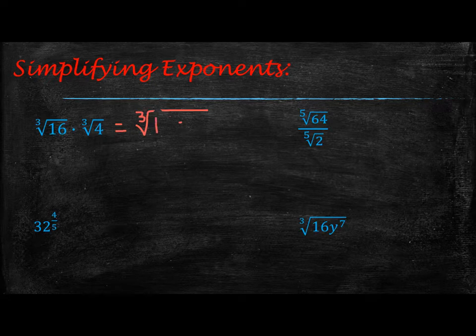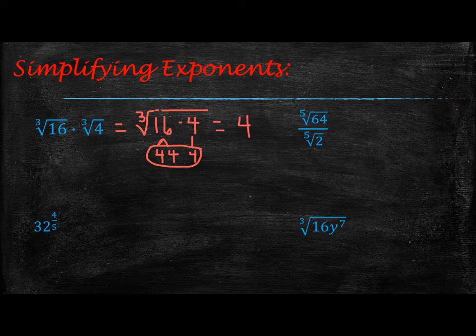When you simplify that, you're breaking it down. 16 breaks down into 4 times 4, and then I bring down the 4. When you're taking the cube root of something, you're looking for a group of 3. So the cube root of 16 times 4 is just equal to 4, because there's a group of three 4s under the radical.